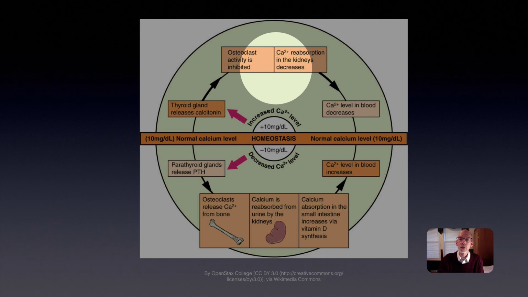It also tells the kidneys to decrease their reabsorption of calcium ions, and this brings the calcium ion levels back down. If the level goes too low, then we have the parathyroid glands releasing parathyroid hormone that acts on the osteoclasts, increasing their activity. Also tells the kidneys to reabsorb as much of the calcium as it can out of the blood. Don't put it into the urine.